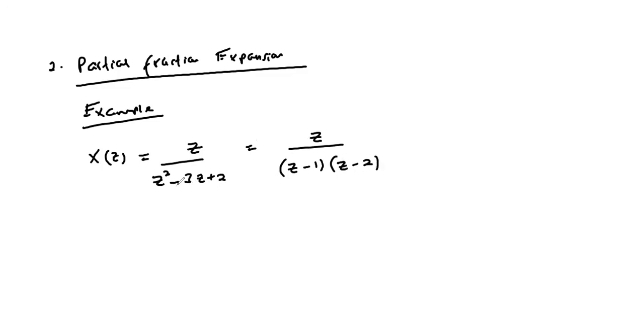We look at the factors of the denominator, which we can write as a over z minus 1 plus b over z minus 2. For ease of expansion, we get our x of z over z first.